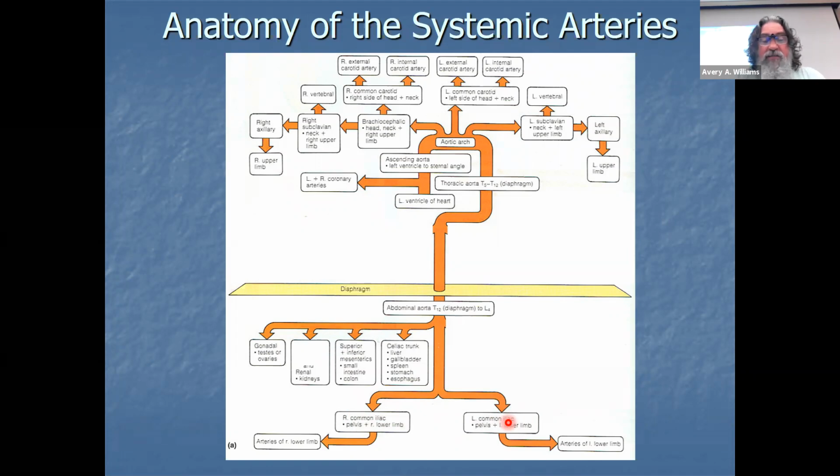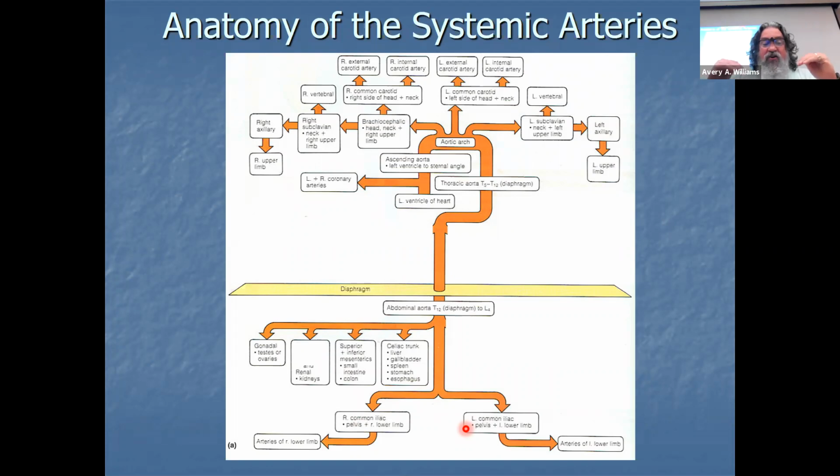All right. But the word common lets you know that it's going to split just like the carotid splits. You're going to have an internal iliac and an external iliac. Okay. The internal iliac, you have a right internal iliac branch and a left internal iliac branch. They do the exact same thing on the left and right side.